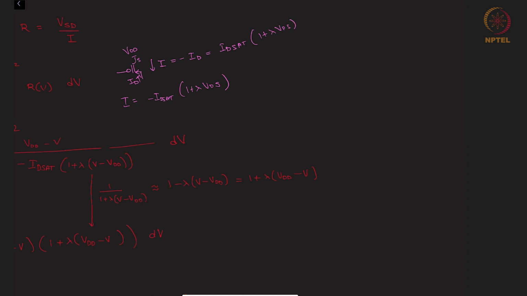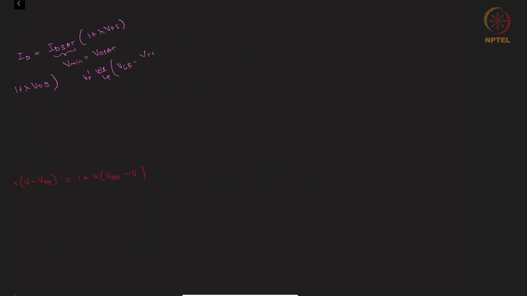ID sat is the current when V min is equal to VD sat. You will get KP prime WP by LP times V min minus, VGS minus VTHP minus V min by 2, times V min.